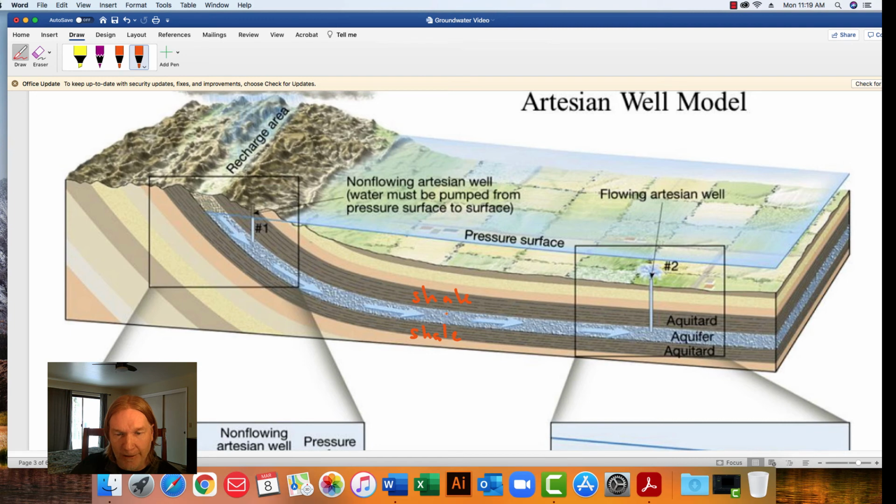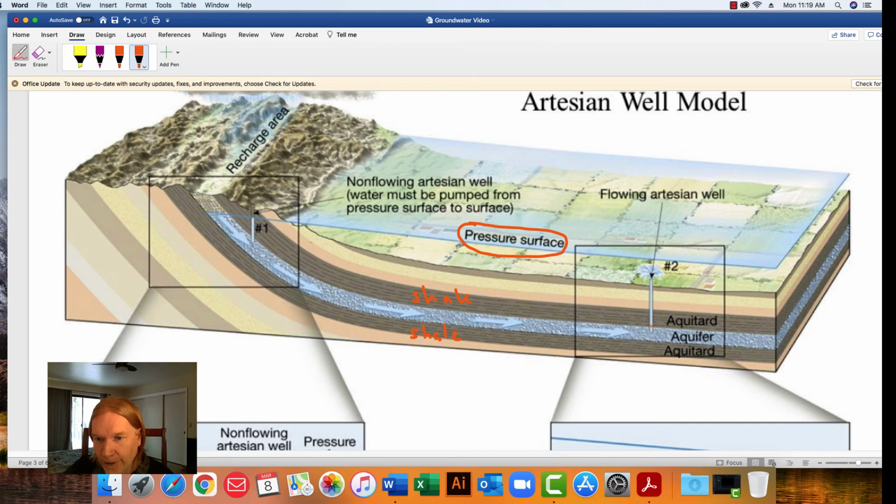So this aquifer that's sandwiched in between these two aquicludes is our pressurized artesian aquifer right here. Okay? So this is the pressure surface, and this represents how high water in this confined aquifer right here would actually rise if it was allowed to.